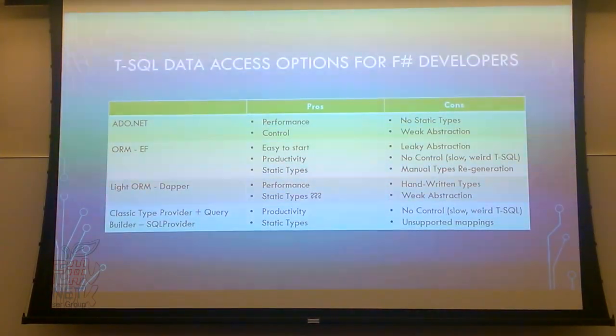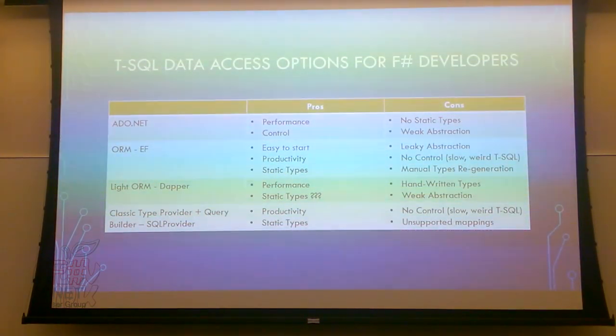So let's see the typical options for an FSharp developer for Transact-SQL data access. And again, I'll narrow the scope a little bit. I'm not talking about SQL in general, but specifically about Transact-SQL, which is applied to SQL Server. So there are different options.